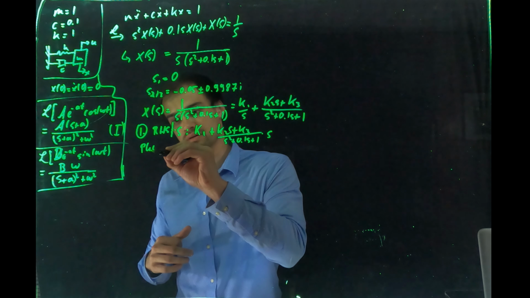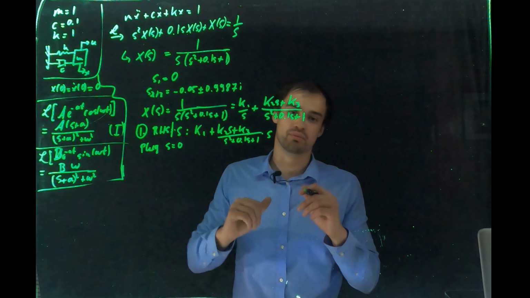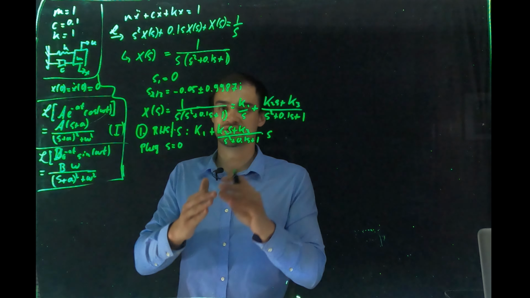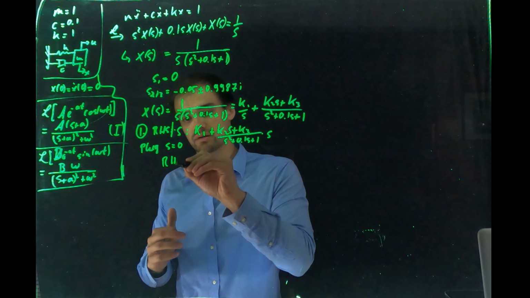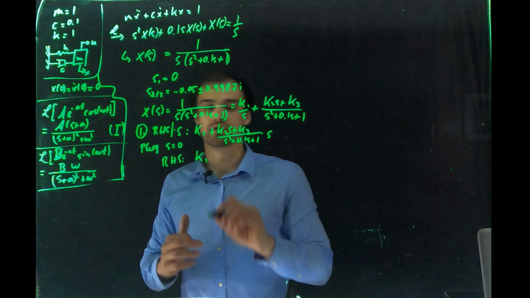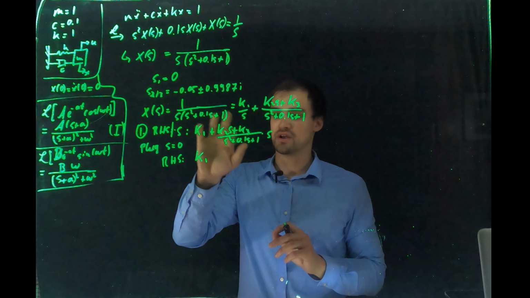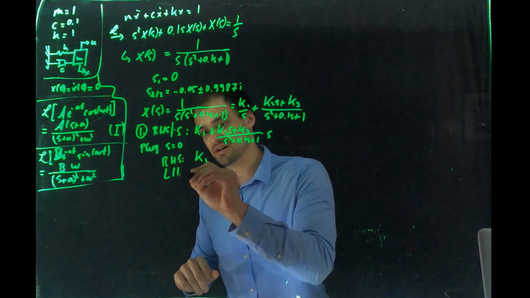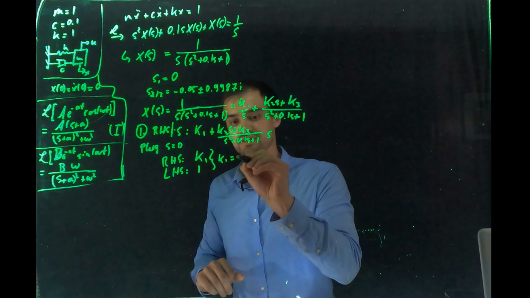Plug in s equal to 0, because that is one root which we have. I plug in s equal to 0, and what you can see from the right hand side, only k1 remains. Now on the left hand side, what remains, if you multiply this and you plug in, is going to be a 1. So the left hand side is going to be a 1. This means k1 is equal to 1.